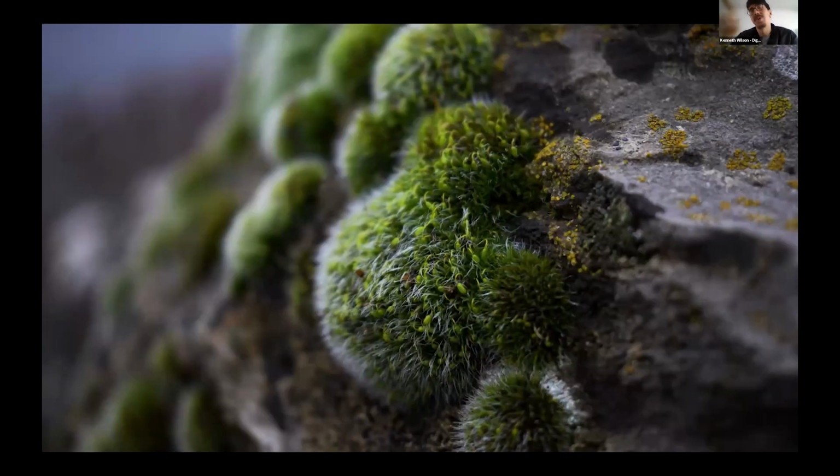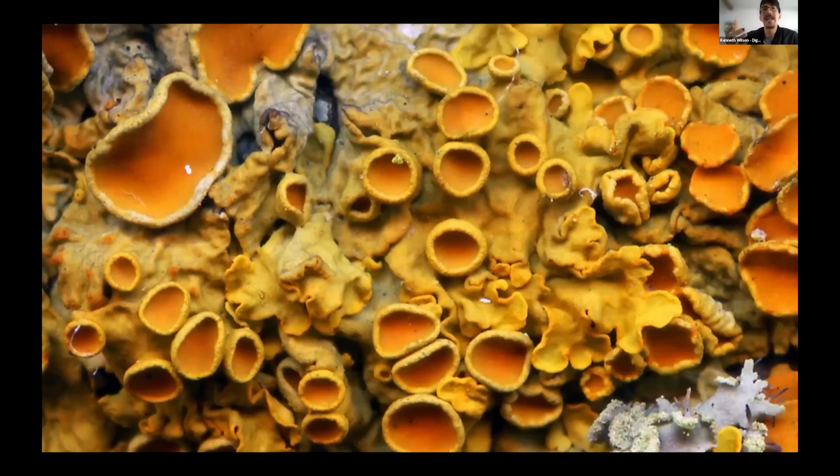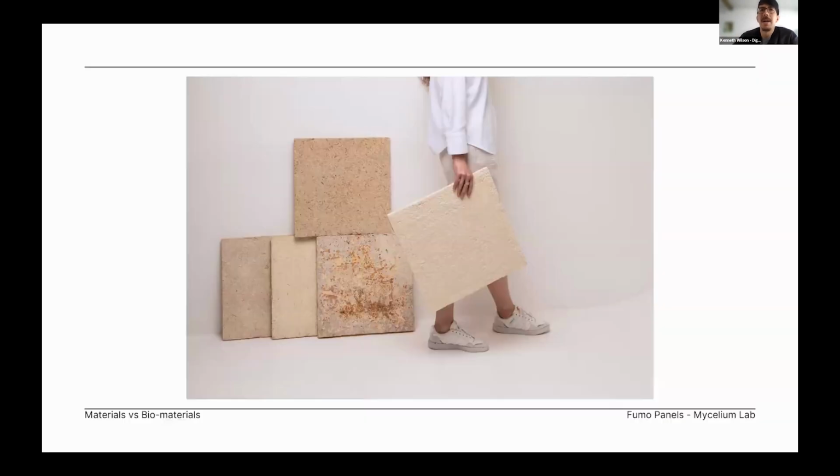To the right of the picture, you can see these yellow spots, which are lichen, this insanely complex symbiotic organism between an algae and a fungus that allows the algae to subsist outside of water. So yeah, these are highly adapted, highly complex structures that we can definitely look to and learn from.